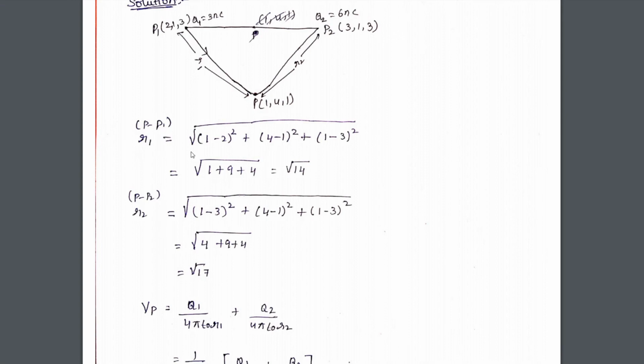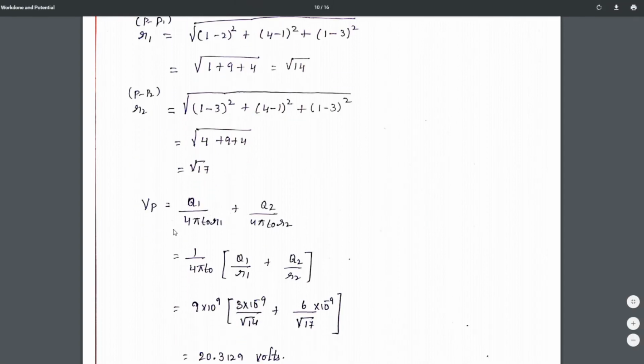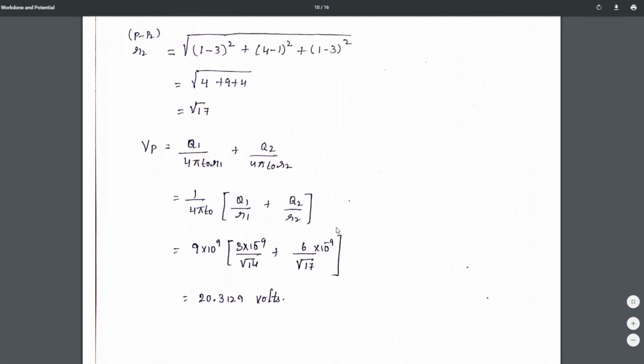P minus P1 will give you R1, P minus P2 points will give you R2. Then you substitute in potential, that is Vp is equal to Q1 by 4 pi epsilon naught R1 plus Q2 by 4 pi epsilon naught R2. Put all the constant values and simplify, you'll get the absolute potential due to two charges Q1 and Q2.